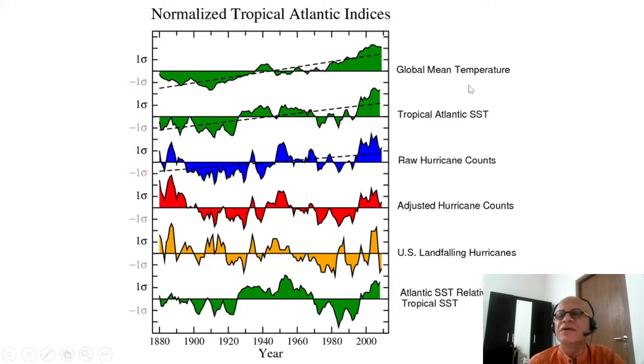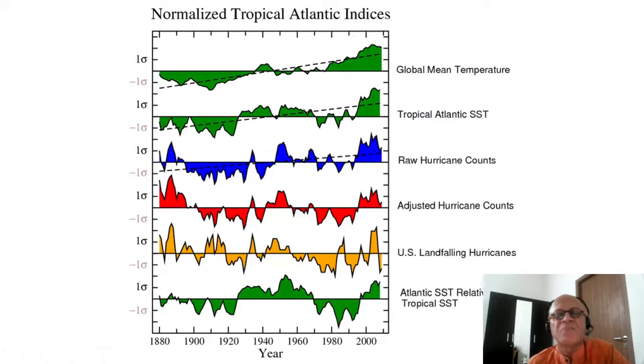We are looking at global mean temperatures. We know how the warming trends have been. Here are the standard deviations. Tropical Atlantic SST, raw hurricane counts. Okay, there is a trend. Are they related? Trends always correlate, so we have to remember that.